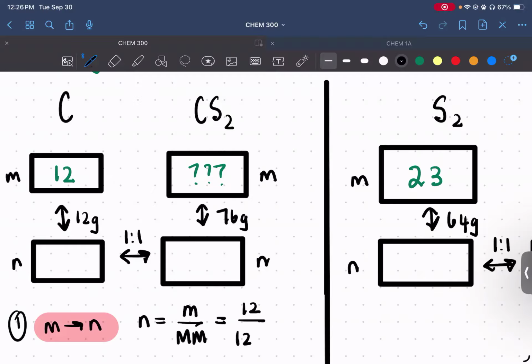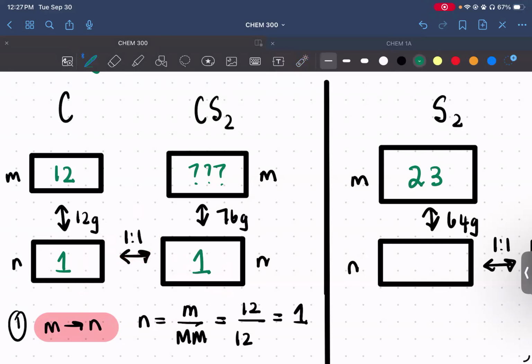We know the molar mass is 12 grams. This is a very easy one. Twelve divided by 12 is 1. Within the roadmap, we continue to fill it in. This is a very simple ratio. This is just 1:1. So no real guesswork here.